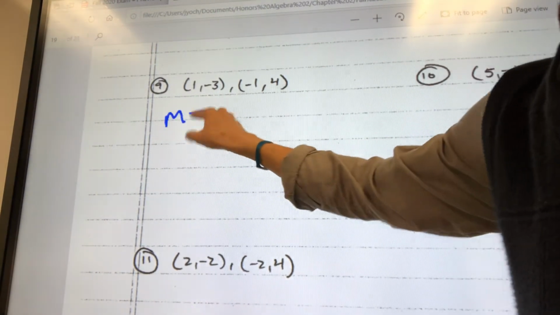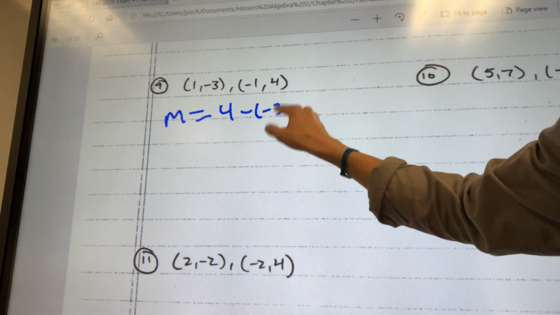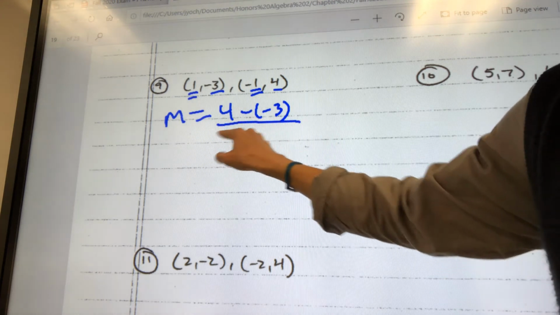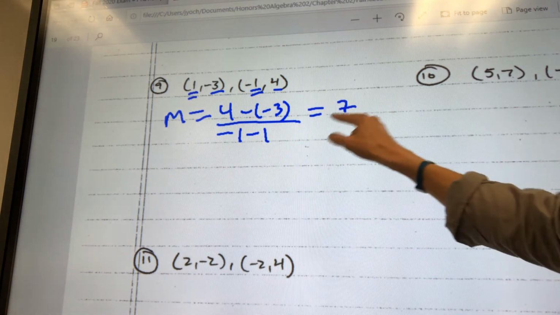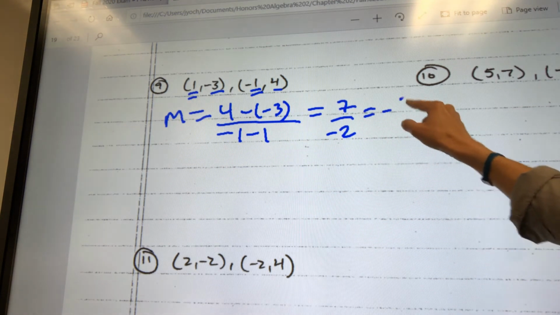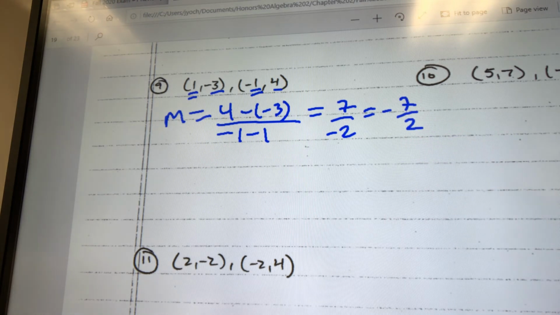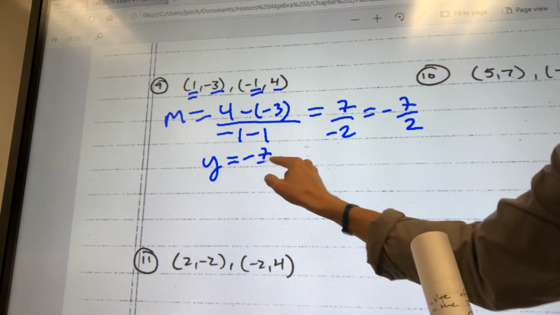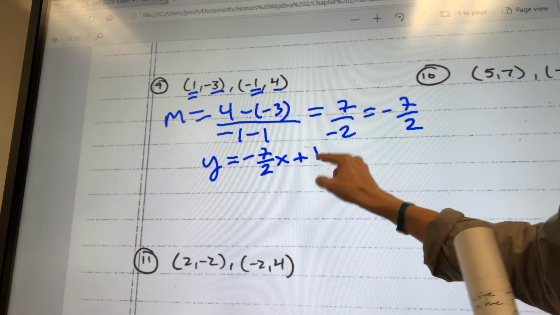So slope is 4 minus negative 3 over negative 1 minus 1. 7 over negative 2, which is negative 7 over 2. Slope is negative 7 over 2. So y is equal to negative 7 over 2x plus b.